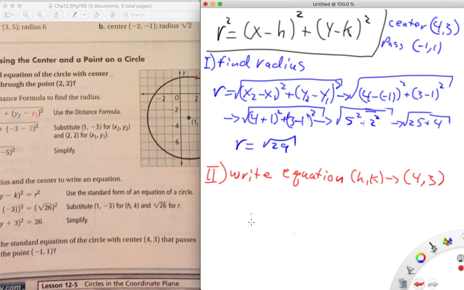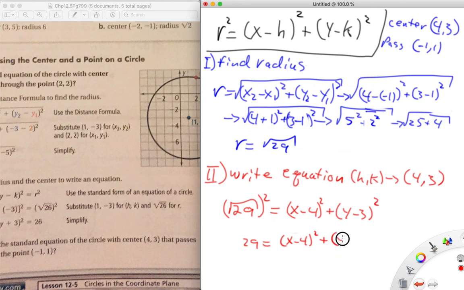So when I set that up, it's going to be square root of 29, but that's going to be squared, is equal to x minus 4 squared plus y minus 3 squared. So then our final equation is going to be 29 equals x minus 4 plus y minus 3 squared.